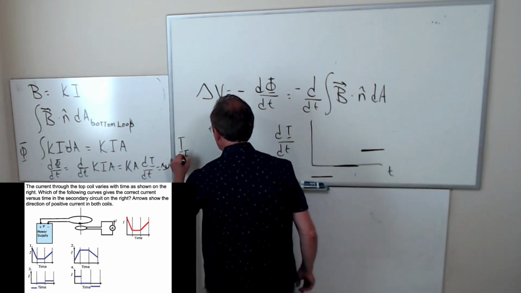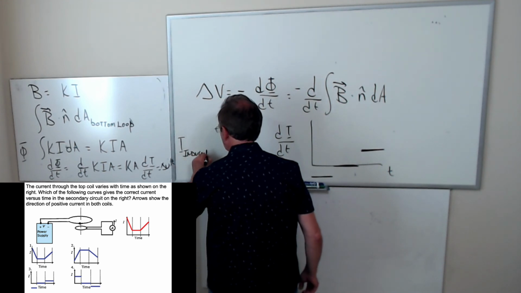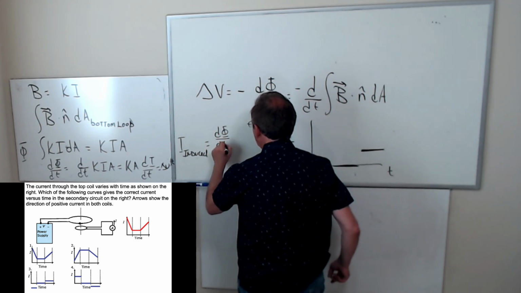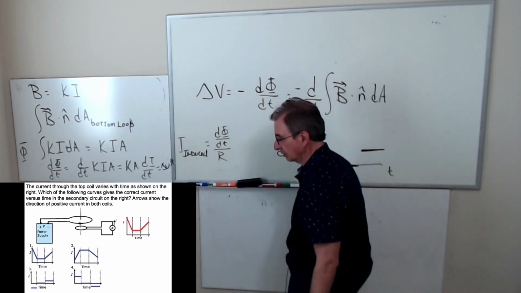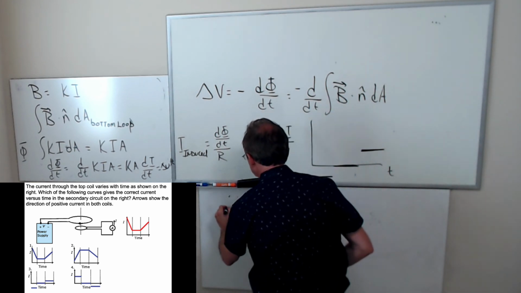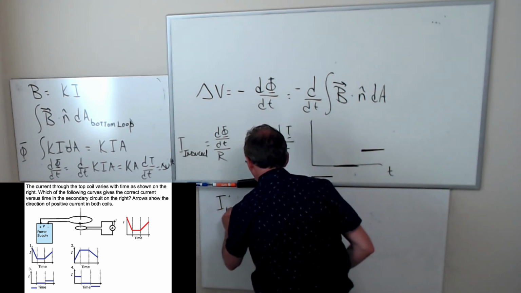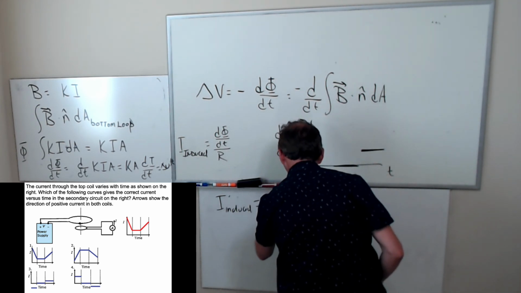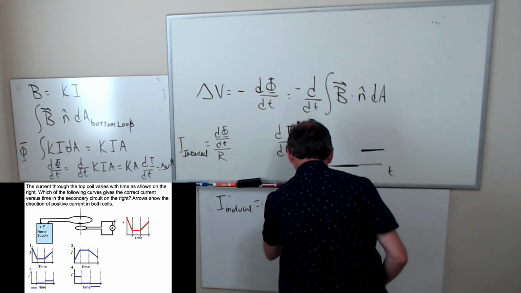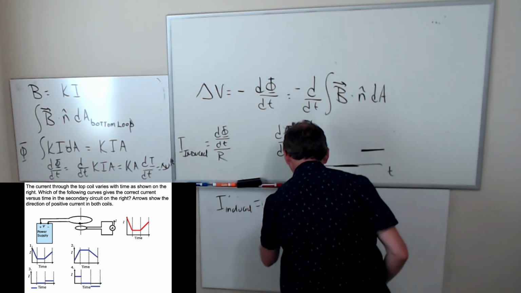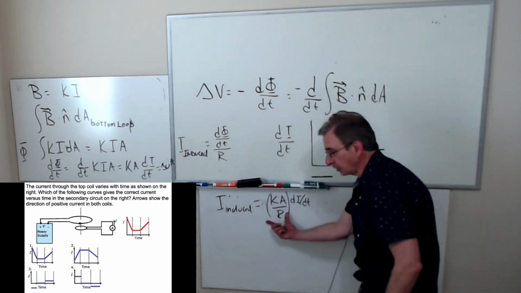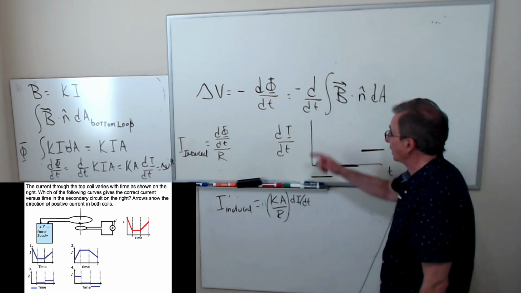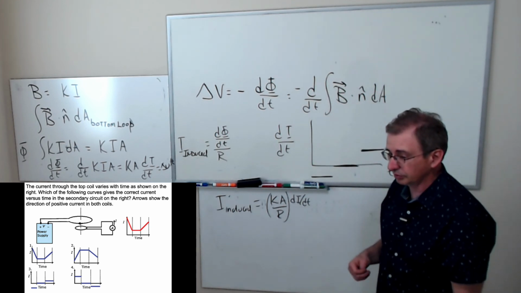The current that's induced is dΦ/dt divided by the resistance of the loop. And so that's going to give me these geometrical factors, and I'm saying the induced current is proportional to the rate at which the current changes in the upper loop.